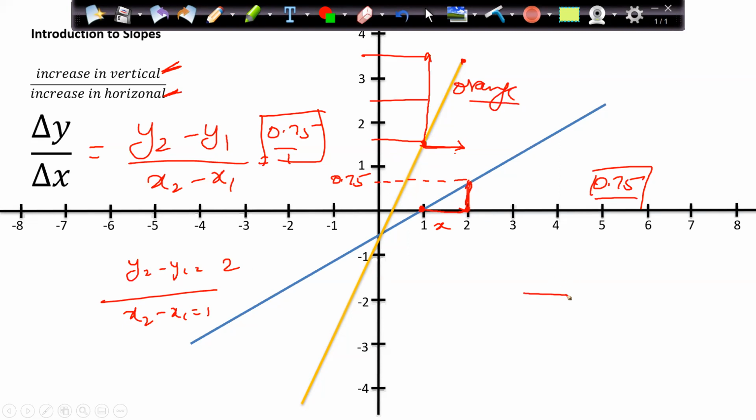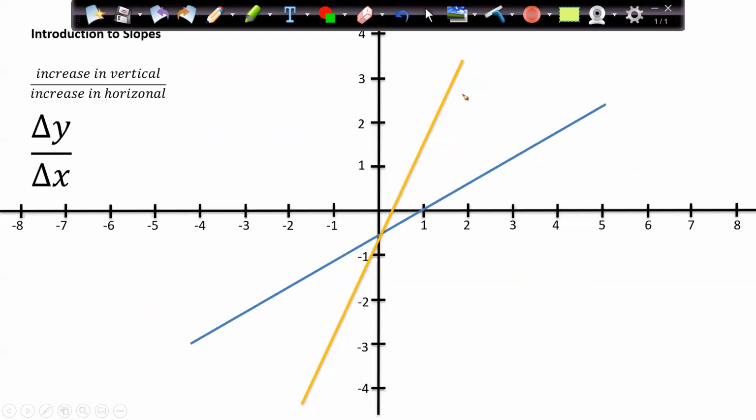So when there is a 1 unit change in x, 2 units of y are changing for the orange line, and here 0.75 units of y are changing for the blue line. So I can clearly say that the slope of this line is steeper as compared to the slope of this line, right? That is what my entire story is all about for the slope.